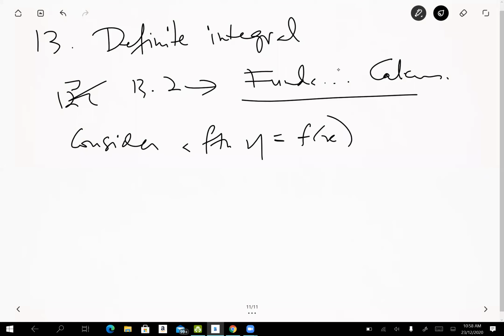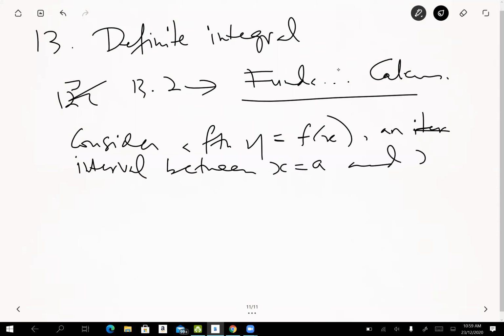And then look at an interval between x equal to a and x equal to b, and b is bigger than a. For now, we just assume a and b to be positive. All right, so you have an interval from a to b.